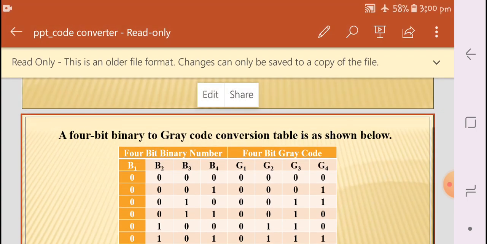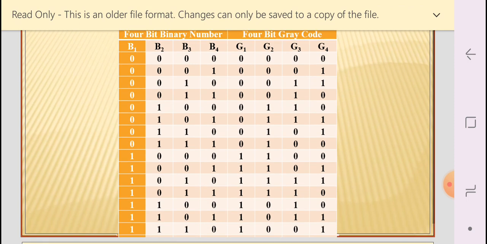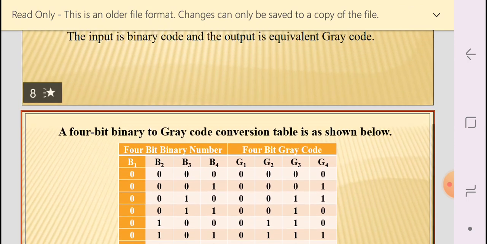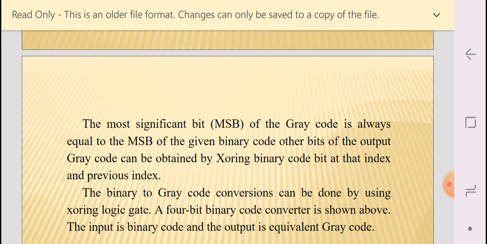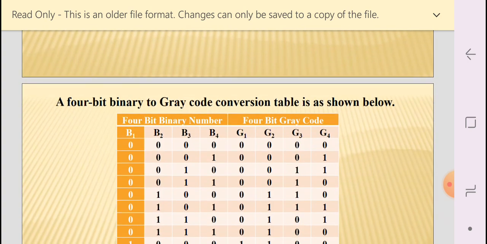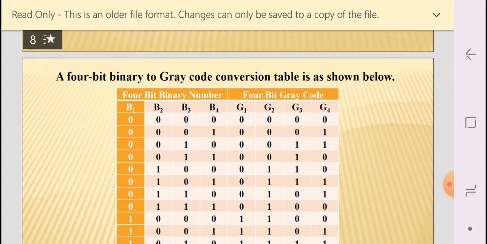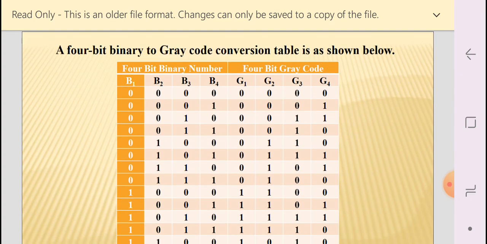Then after that you get G2. Look at this formula. G2 is equal to B1 XOR B2. Okay. So you apply the XOR formula on B1 and B2 and get G2.